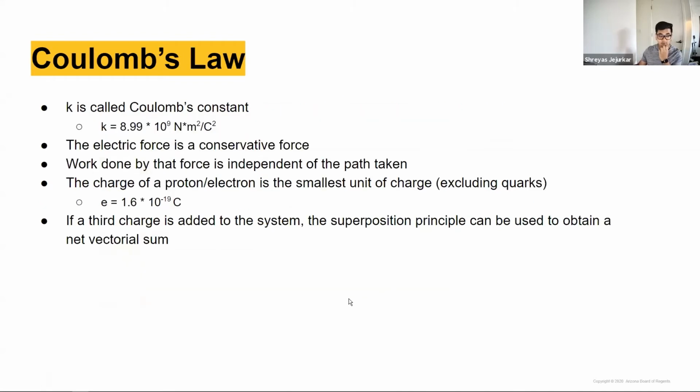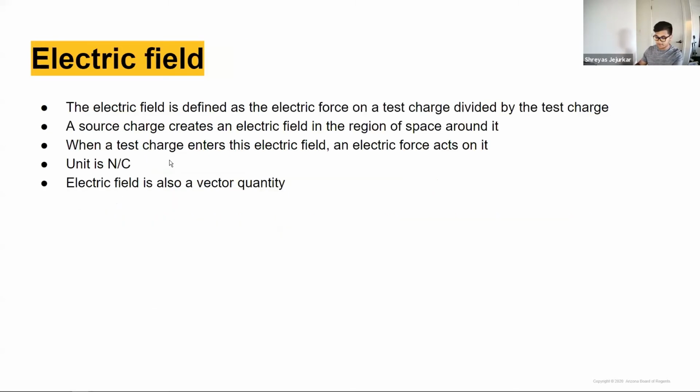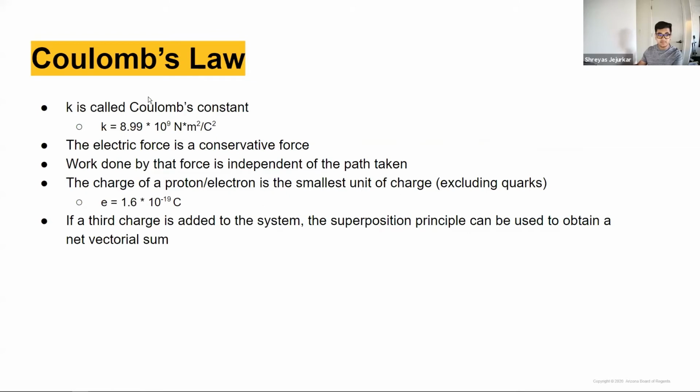Let's go over Coulomb's law real quick. The k we just saw previously is called Coulomb's constant, and that k is equal to 8.99 times 10 to the 9th newton meters squared divided by coulomb squared.